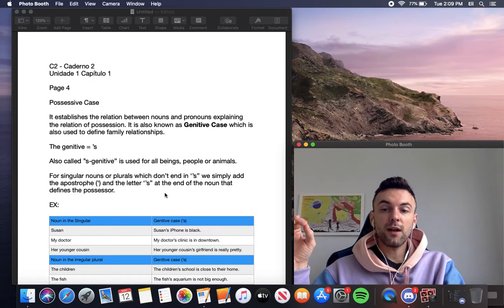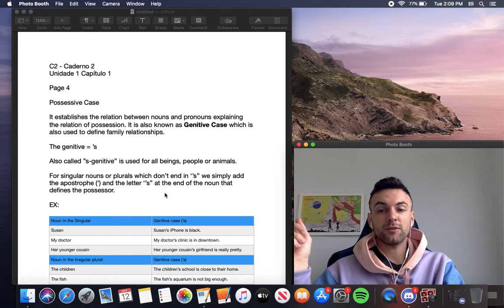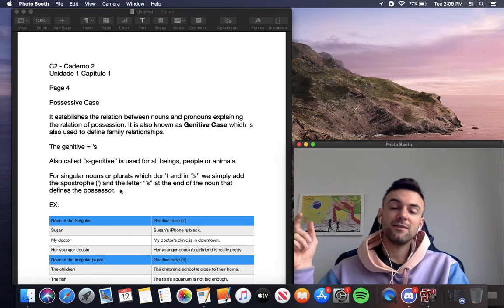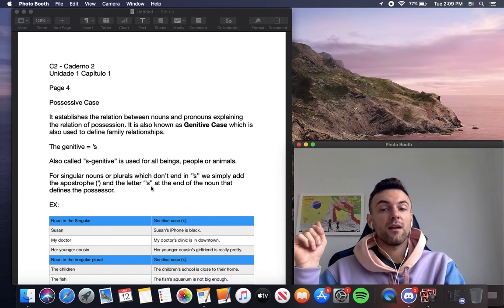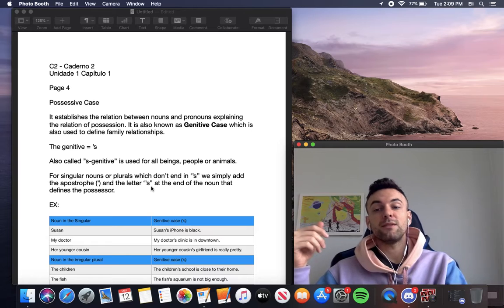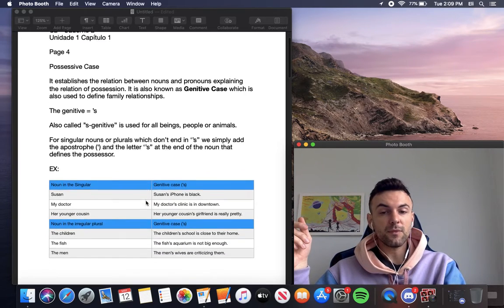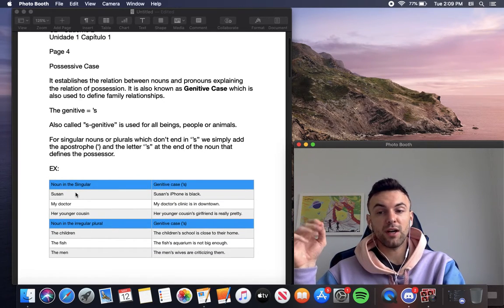For singular nouns or plurals which don't end in s, we simply add the apostrophe and the letter s at the end of the noun that defines the possessor. I put some examples here in the chart.